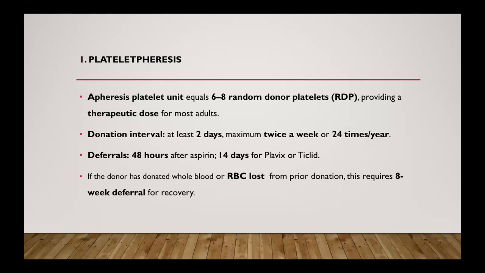When we talk of random donor platelets, it means platelet units that are prepared from whole blood after collection, within 8 hours of collection, and without putting it in the fridge. That platelet unit is called random donor platelets.